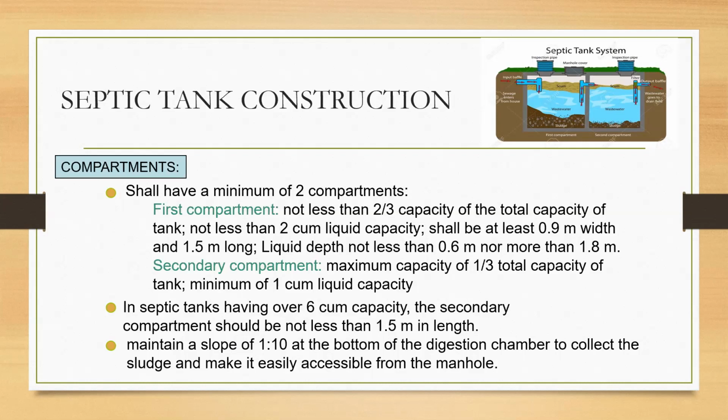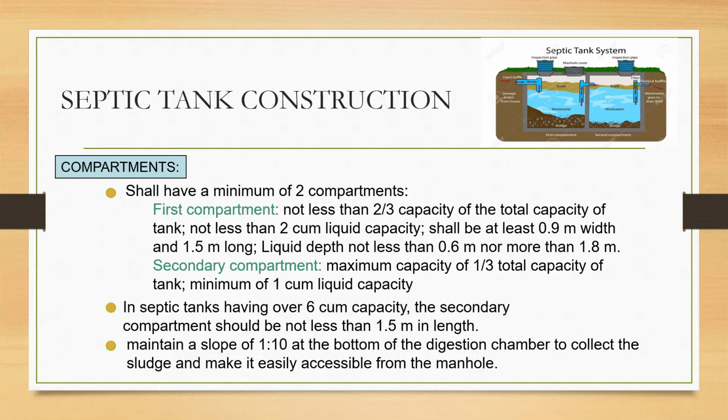Okay? So, in septic tanks having over 6 cubic meters capacity, the secondary compartment should not be less than 1.5 meters in length. Ibig po sabihin, kung sumobra po based from the computation, your tabulation, doon sa RNPCP, sumobra na 6 cubic meters, ang secondary compartment, which is the leaching chamber, ay hindi bababa yung kanyang length ng 1.5 meters.